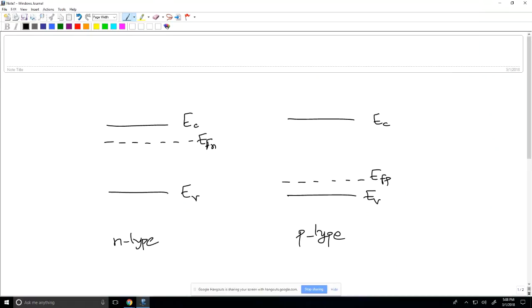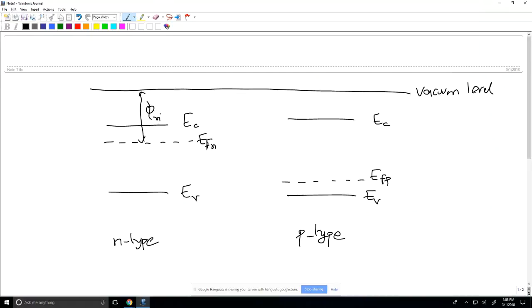One property that actually changes is something that is called a work function. So usually we have a vacuum level. I drew the vacuum level earlier in the case of a metal. And from the Fermi level to the vacuum level is called the work function. So I have here the work function for my N-type semiconductor.